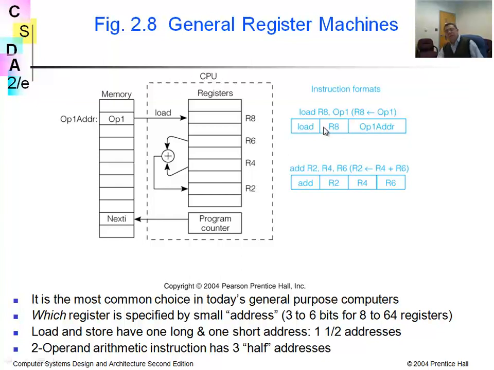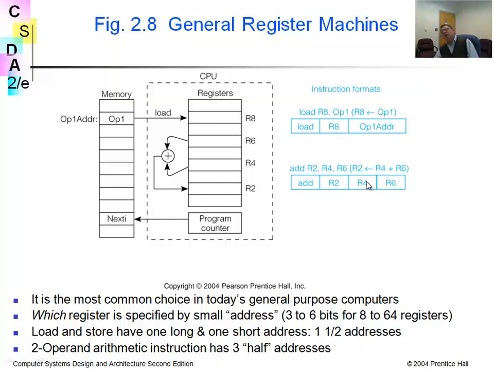So once it reads the instruction, fetches it in, decodes it, then it goes after the operands, brings them in and stores them in some of these registers. Then it performs the operation, adds the content of R6 to R4 and stores the result in R2. And then it takes that result, puts it back into the memory, and then goes after the next instruction.